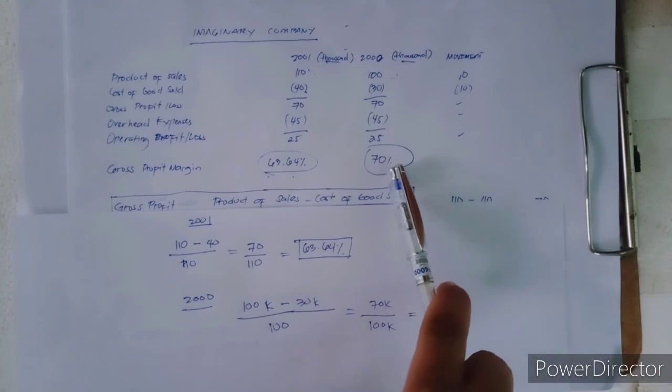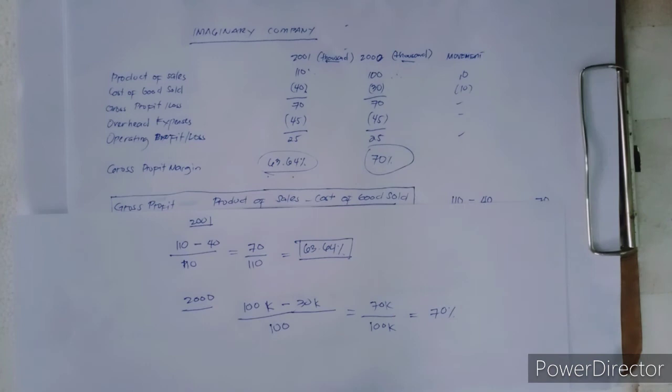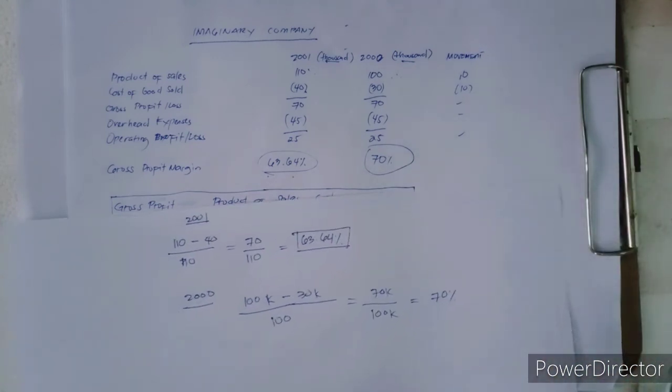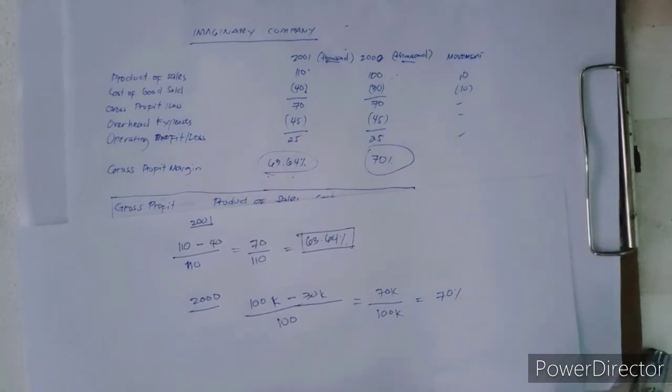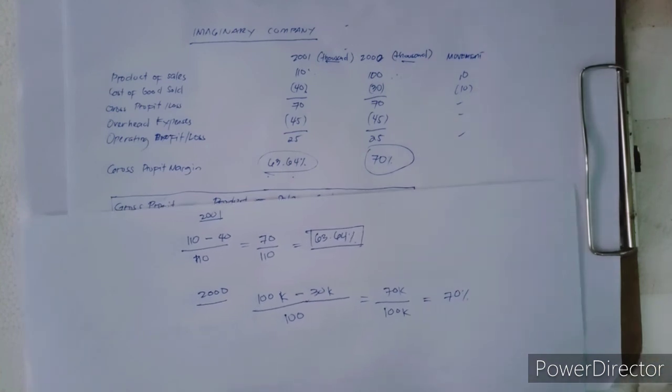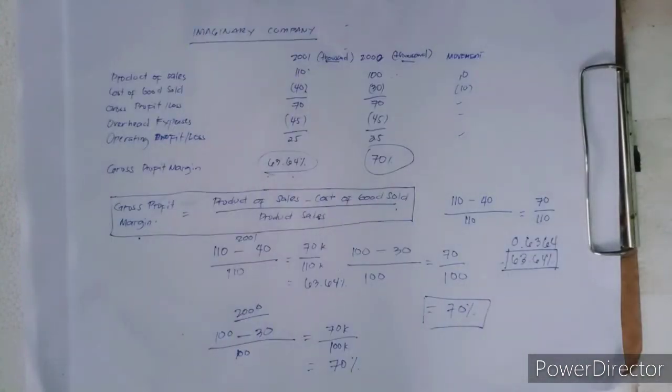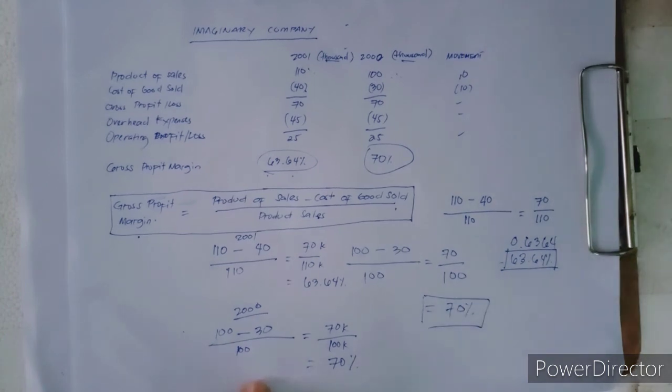So one of two things could be happening in this scenario. Maybe our sales are shrinking, or our costs could be rising, or we could be selling more product but with more discounts, or the cost of our raw materials could be rising.